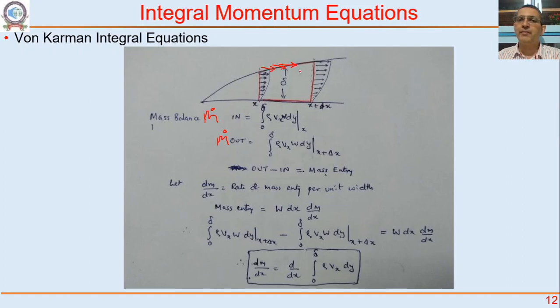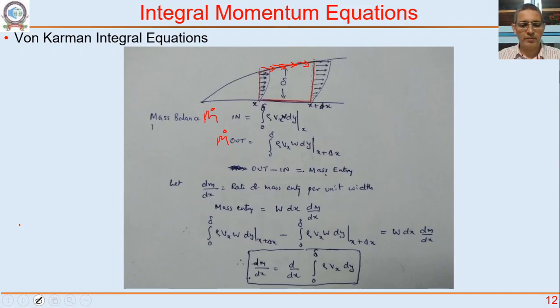That rate at which mass comes into the control volume from the top surface is going to be out minus in. So if I say dm by dx is the rate at which mass enters per unit length, per unit width.